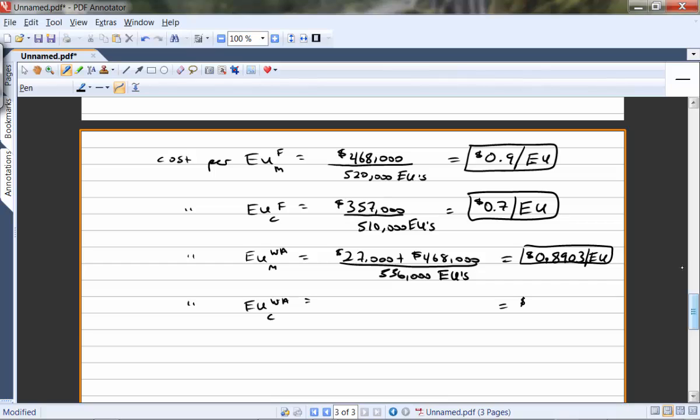Now, for conversion, there was $13,000 worth of conversion costs sitting there at the beginning, plus the cost added for conversion, 357,000, divided by the equivalent units for conversion using weighted average, which was 528,000.